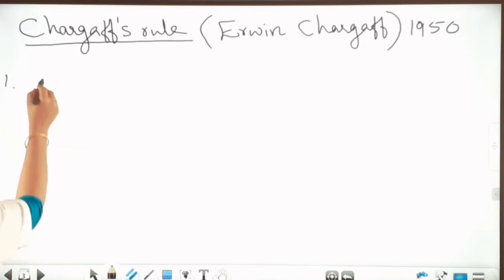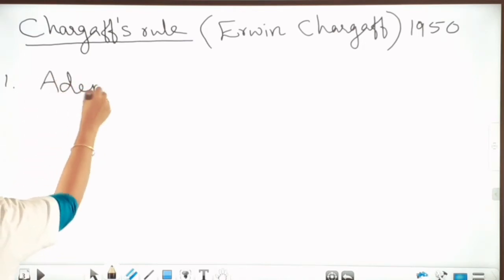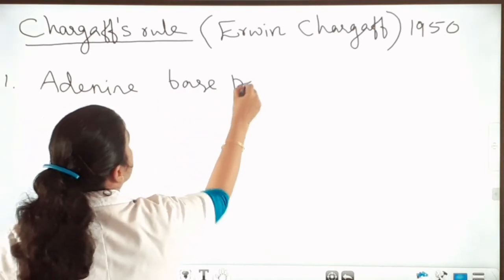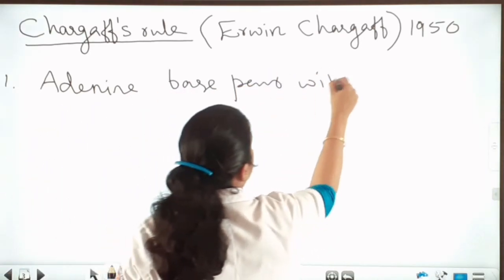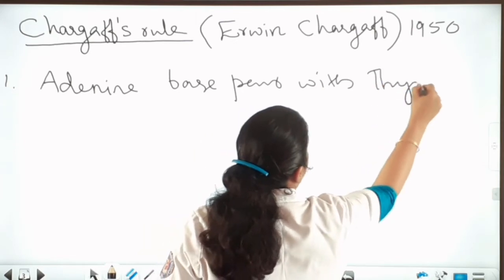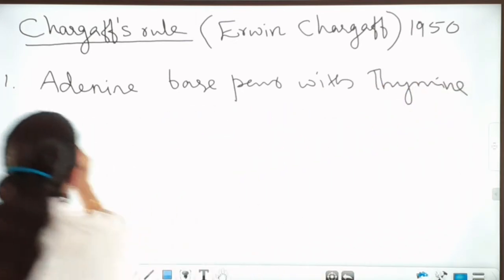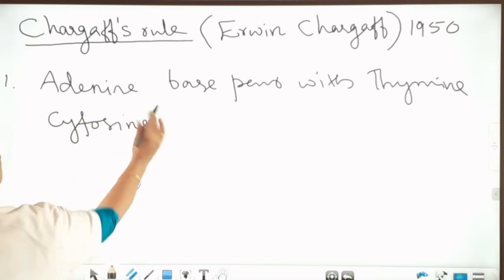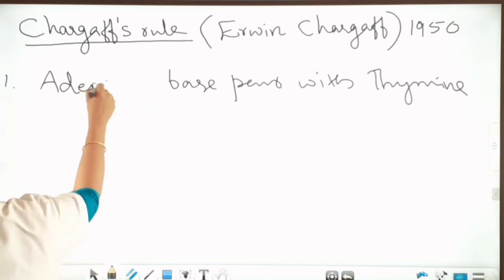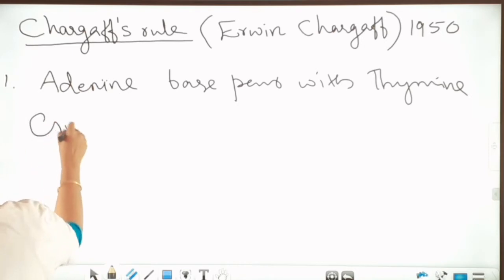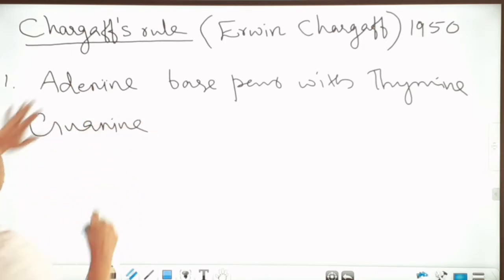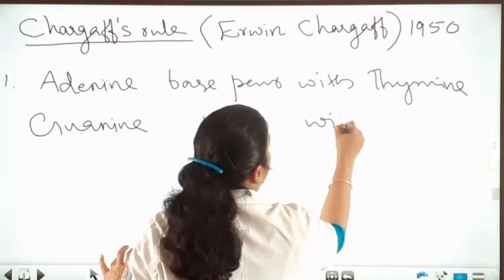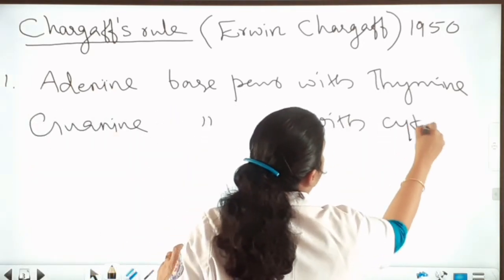In the nitrogen bases, adenine base pairs with thymine and guanine with cytosine, or we can say, first we can write the purines. So adenine and guanine are purines, base pairing with the pyrimidines, thymine and cytosine.